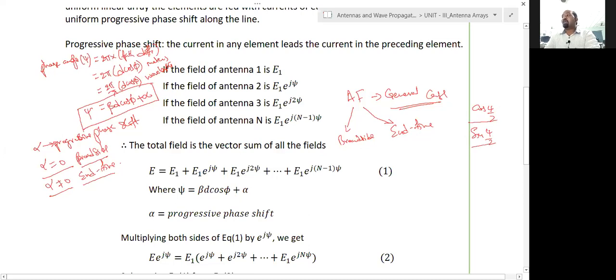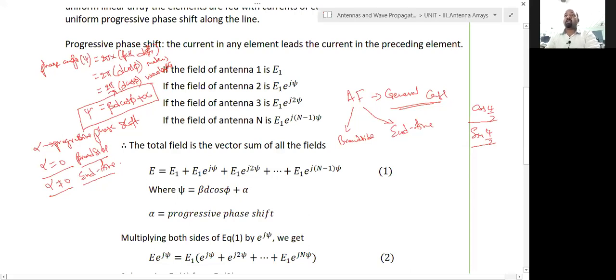Equal amplitude equal phase is the broadside array, and equal amplitude unequal phase is the end fire array. But whereas in an n element array, I am deriving the common array factor which can be used to define the broadside array as well as the end fire array.